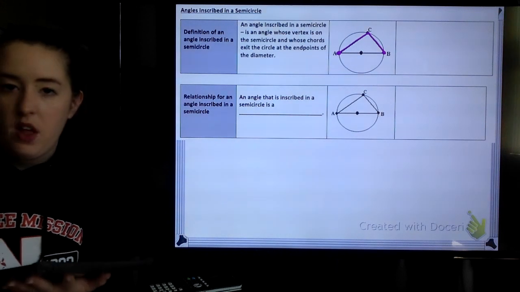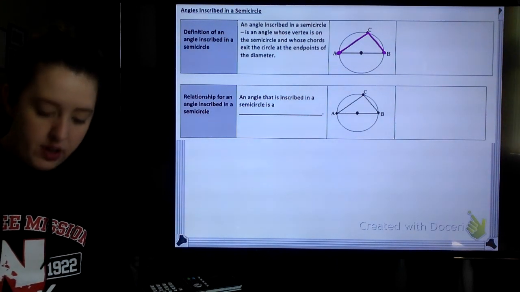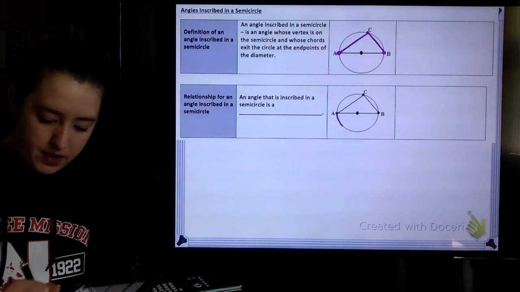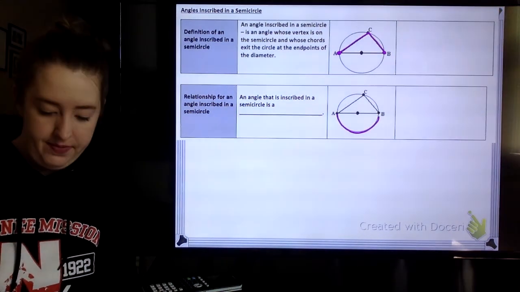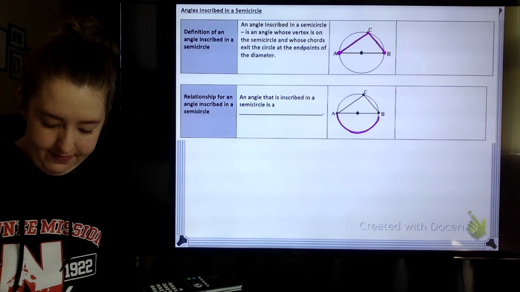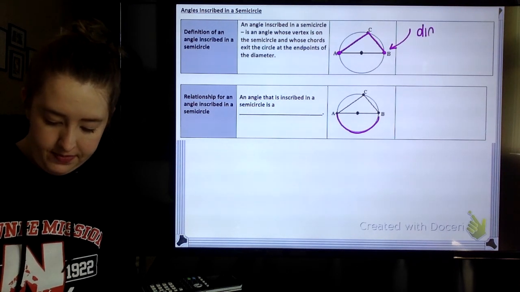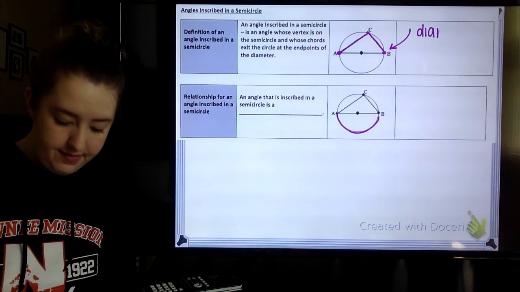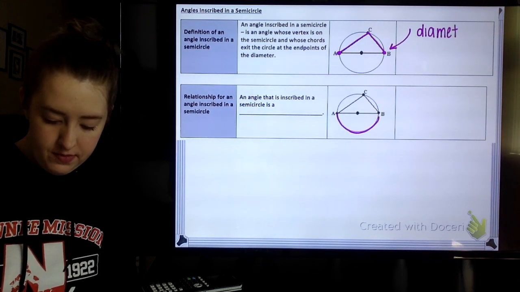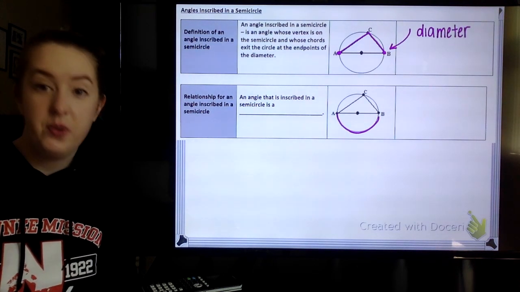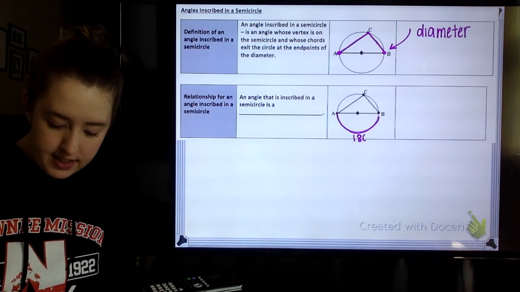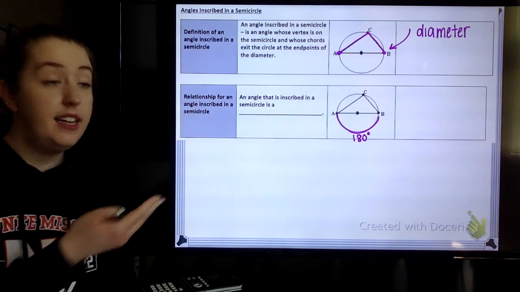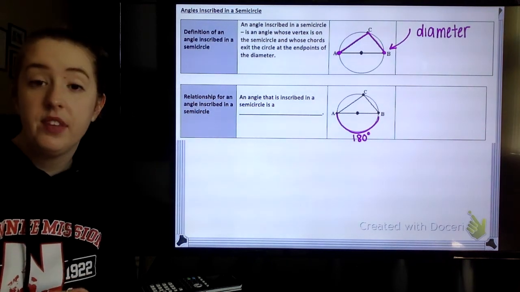So we know that if it goes out at the ends of the diameter, then this is 180 degrees. I'm going to write diameter there real quick. So we know this is 180 degrees since it is a semicircle.